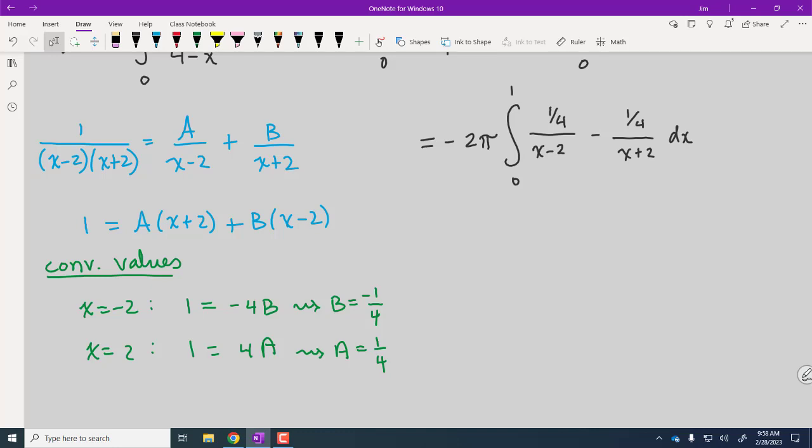Should we factor the 1/4 out? Seems like a good strategy, get it out of the way. So that 1/4 is going to come out in front and leave us with -pi divided by 2. 1/4 of 2 is 1/2.